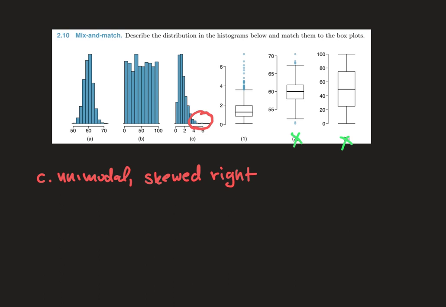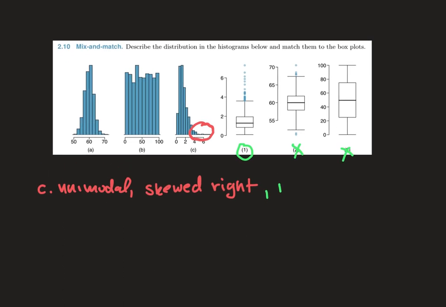We already used those, and so we see that it matches up with box plot number 1. That matches up with this tail, with all of these values that are much larger than the other values. And then not very many values are on the left, so that matches up with not very many values going from the first quartile to the minimum value.